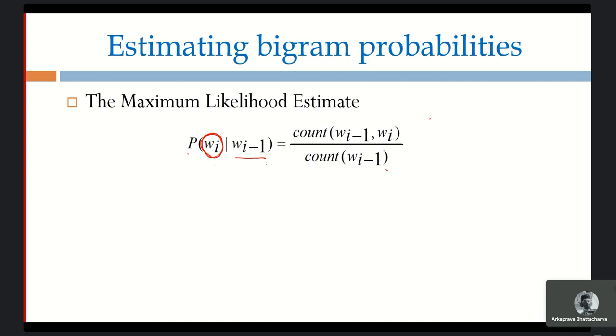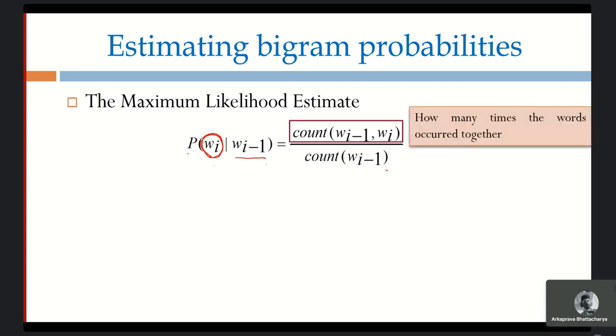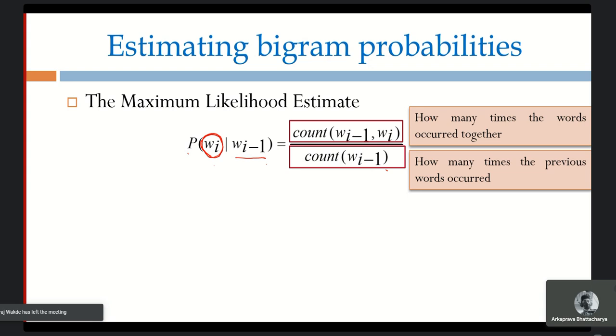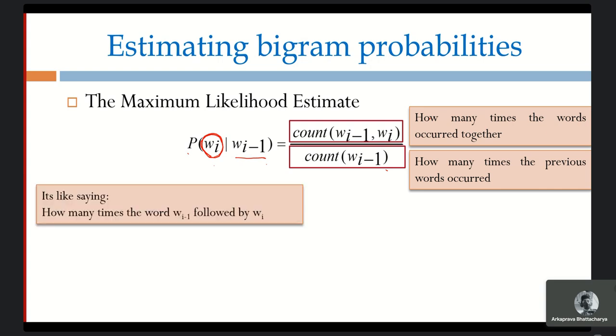Given this is the. Now see how many times the words occurred together, and in order to do this you actually need data. You need knowledge, then only you will be able to predict the next word. If you don't have any data, then you won't be able to predict the next word. So how many times the previous words have occurred?